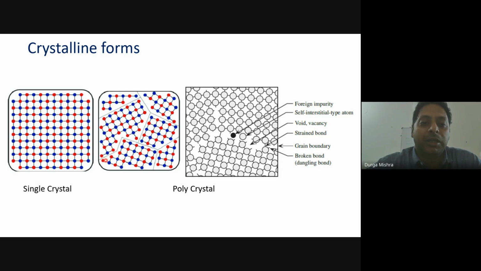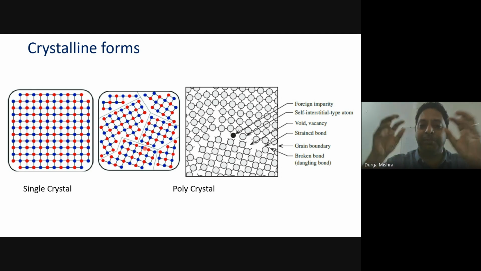But naturally, what happens when you make a crystal? Most of the time, what you have is a polycrystal. That means you nucleate a single crystal, so to say, and this single crystal will be nucleated at different places.